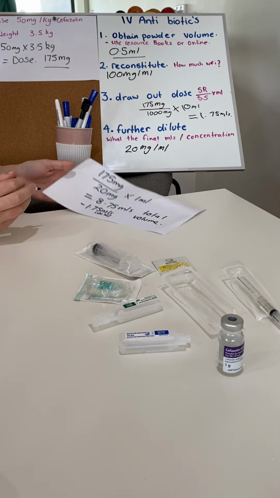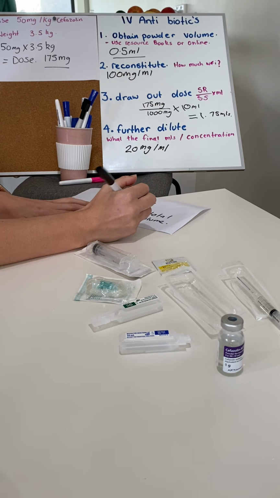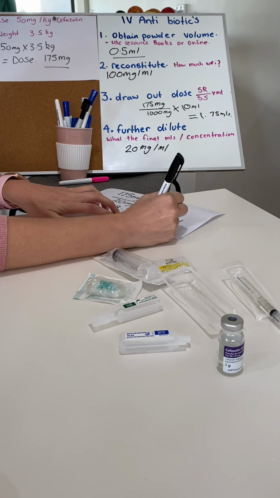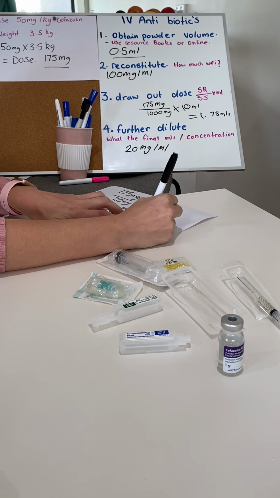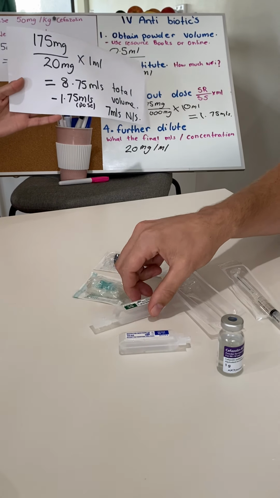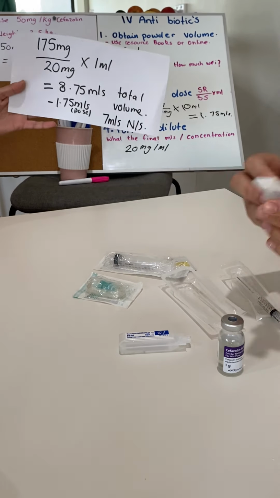So we know we have to add 7 mils of water for injection. Oh, normal saline actually. So we're going to draw up 7 mils of normal saline.